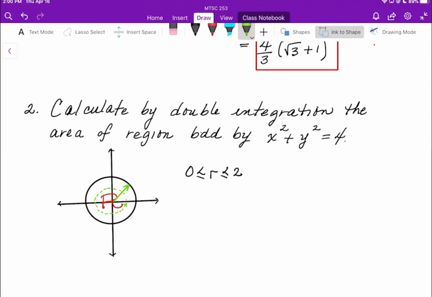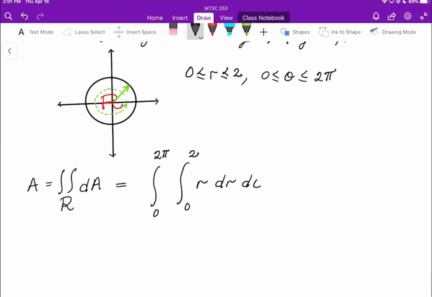So again, my limits are constants. If I'm calculating area, that means I'm calculating the double integral over the region dA. That's it. So this is the double integral. R goes from 0 to 2. Theta goes from 0 to 2 pi of r dr d theta.